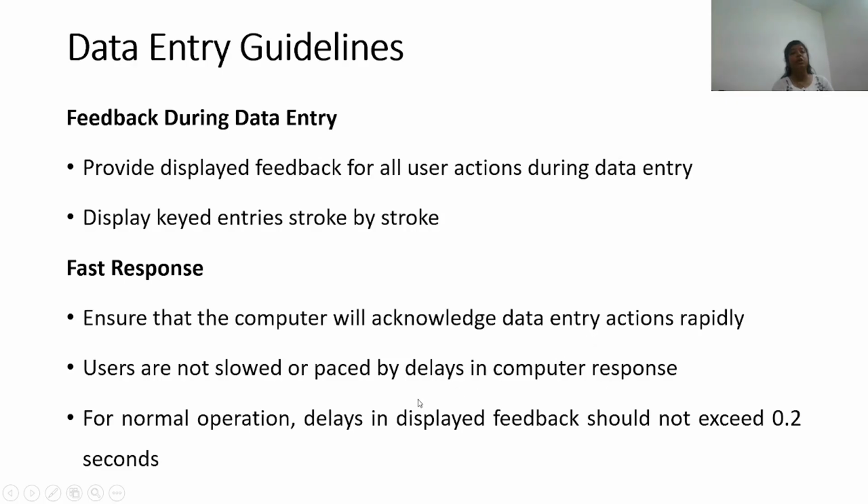So the user should not slow down, and delays should be avoided while giving the responses. For normal operations, we are considering the delayed feedback, and that delay should not exceed 0.2 seconds.